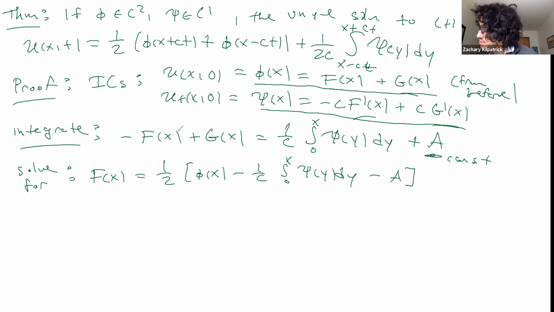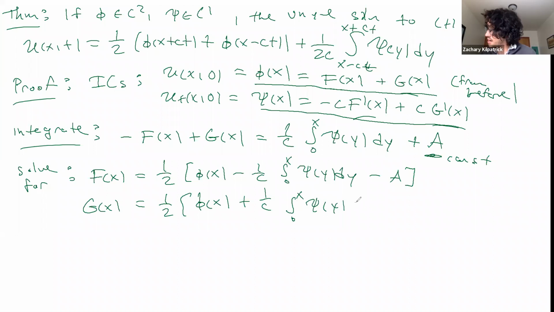If I add this equation to this equation and divide by 2, I end up with g of x equals a half phi of x plus 1 over c integral from 0 to x phi of y dy plus a.